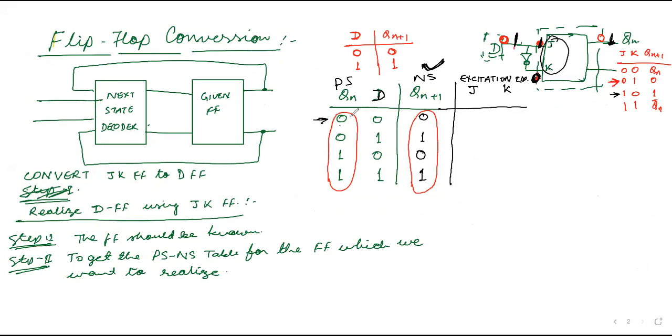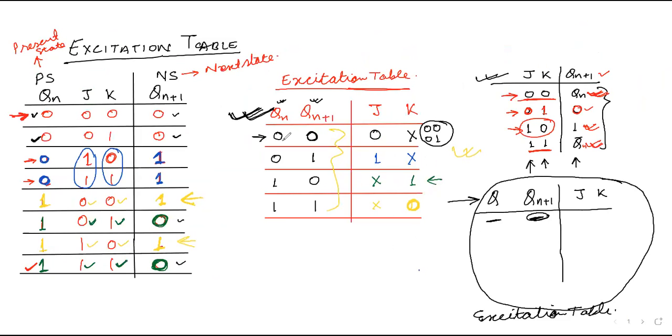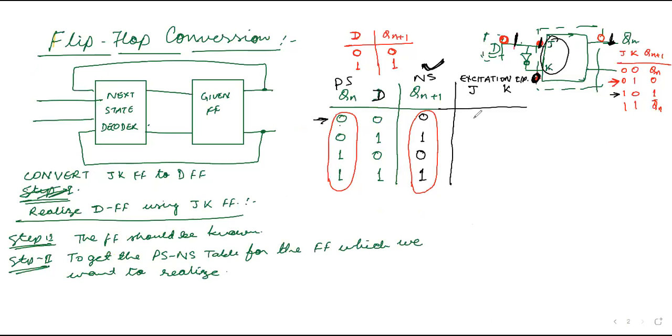The present state is 0, next state is also 0. So what will be the combination of JK? 0 and don't care. Okay, so we can put here 0 and don't care.